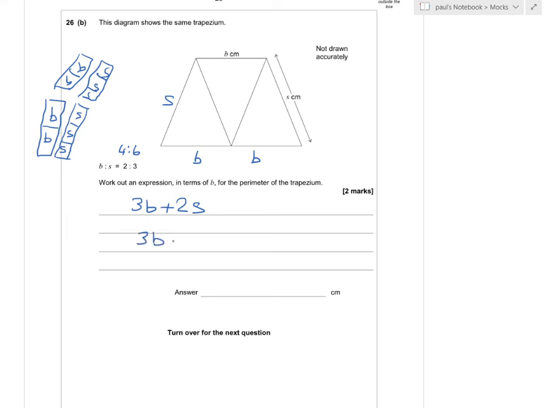So we get 3B plus 4B. 3B equals 2S. 3B equals 2S. So, oh, hang on. S's.